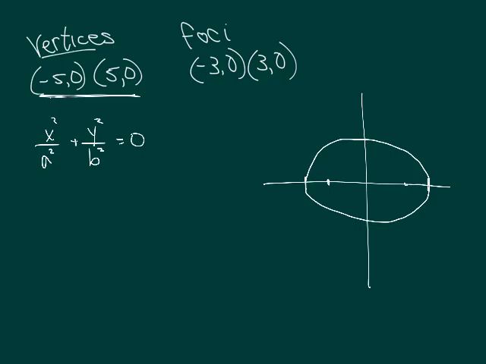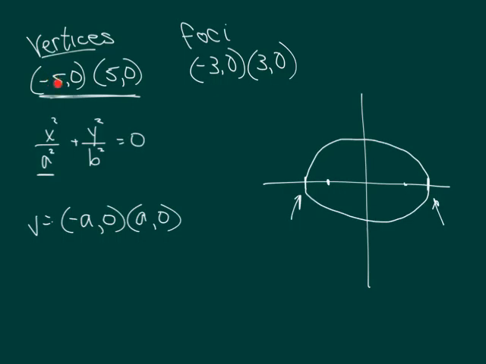If you look at the top of page 537, it tells you what vertices are, and it says the vertices are going to be at -a, 0 and a, 0. Which means here and here. Well, what is my -a and my a? Up here, it's -5 and 5. So I know my a is going to be 5.